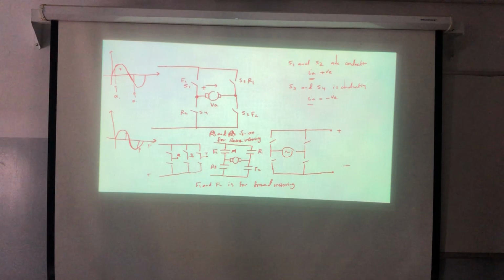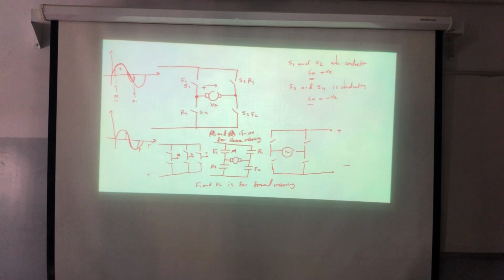If the voltage is negative, it will be reverse bias. So simply all the time the voltage will be positive. Just a minute. Now if alpha is less than 90, then this one will be positive, correct?